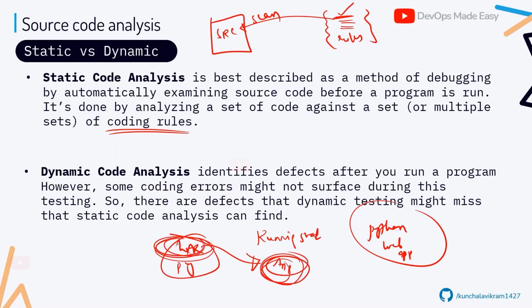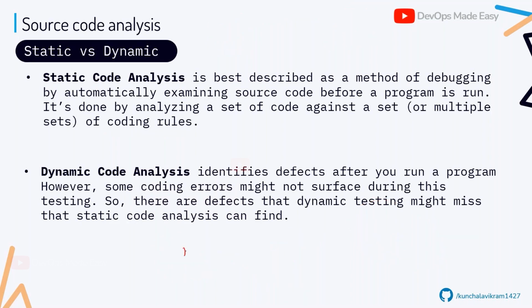See, on a war file I cannot run any scans in most cases, because a war file is immutable. You cannot break it, because it is all binary. Sometimes it is bytecode, depending upon the language you use, either it can be bytecode or binary.